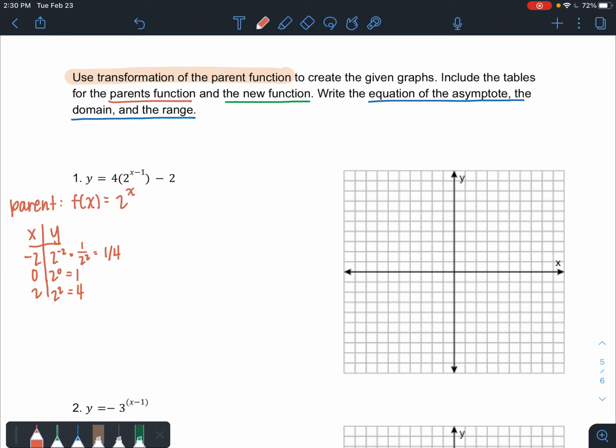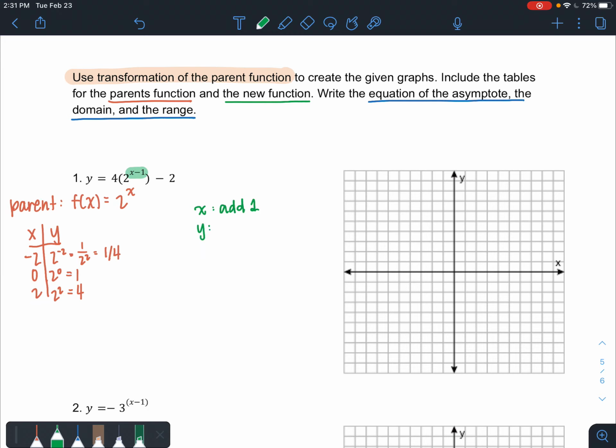Okay, so then we want to go ahead and talk about our transformation. So what's going to happen to x? Looking here we have x minus 1. So that means that our x's, we're going to add 1 to those values, because if we're subtracting 1, we want to do the opposite.